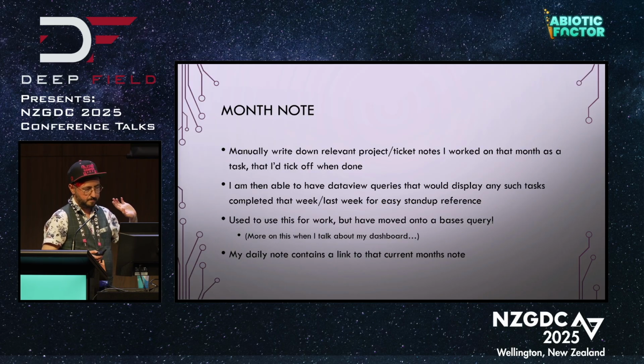But I've made that much nicer. I use bases now, which hopefully I'll get to later. But yeah, this was a long-lasting remnant of my manual work stuff that I didn't automate away straight away, but finally have, and it's been much nicer.